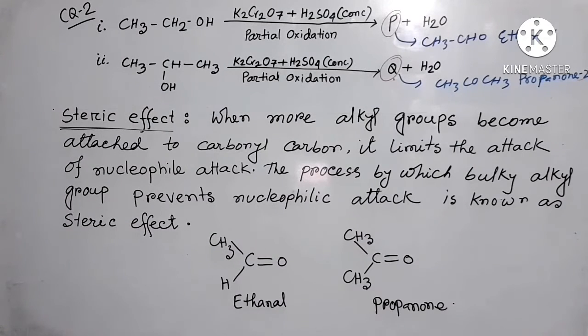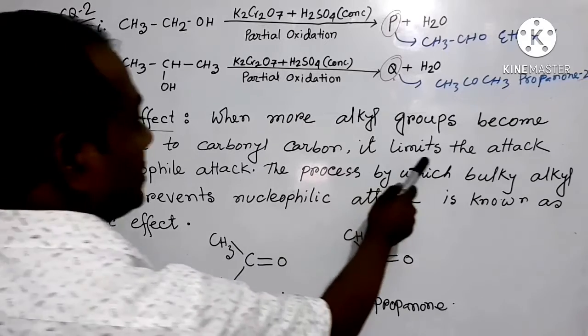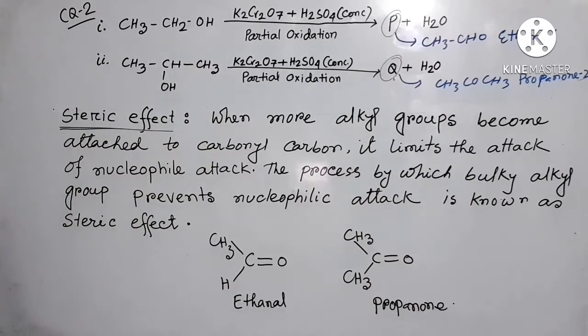Now, what is steric effect? When more alkyl groups become attached to the carbonyl carbon, it limits the nucleophilic attack. The process by which a bulky alkyl group prevents nucleophilic attack is known as steric effect.